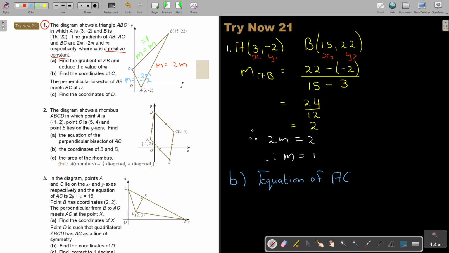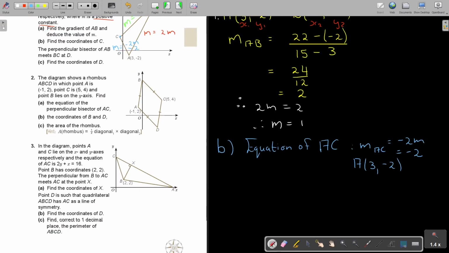I said that the gradient of AC was equal to negative 2m, and you have m now, it's 1, so it's negative 2. And you have point A, which was (3, -2). Now I'm going to use my formula. This is x1, this is y1, and this is your value of m.